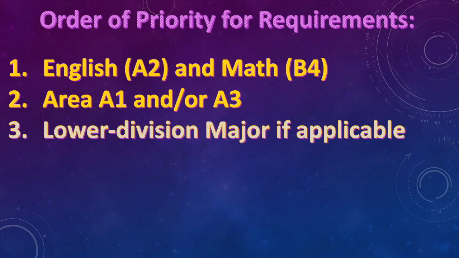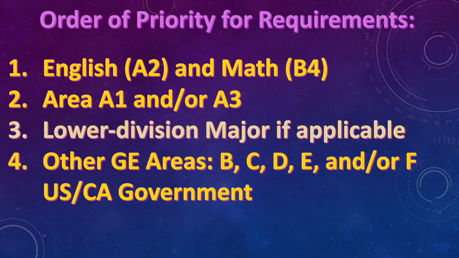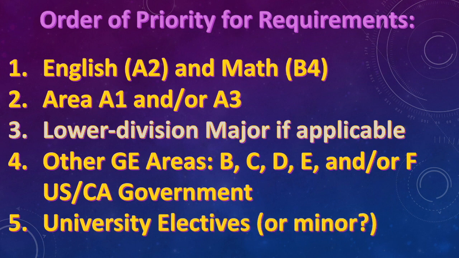Third, are lower division courses for your intended major, if applicable. Fourth, other areas of GE, such as Area B, C, D, E, and/or F, and also U.S. History and California Government. And lastly, any university electives or minor courses if needed.